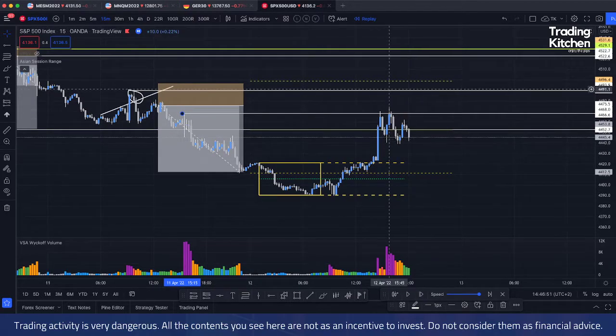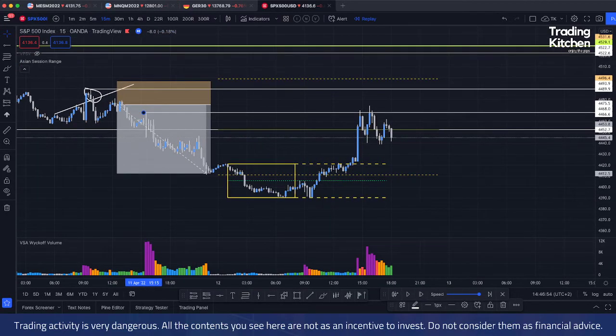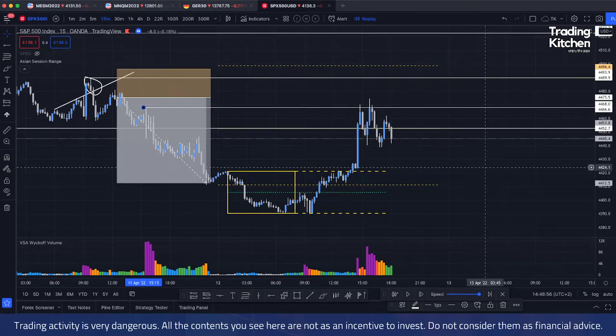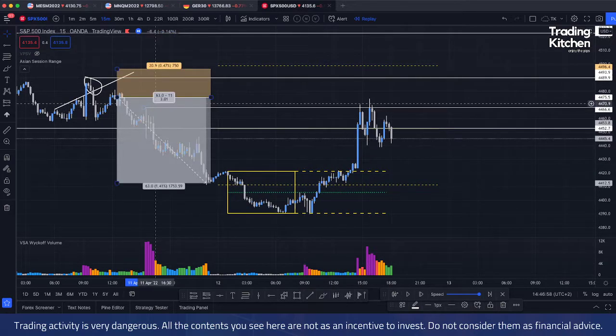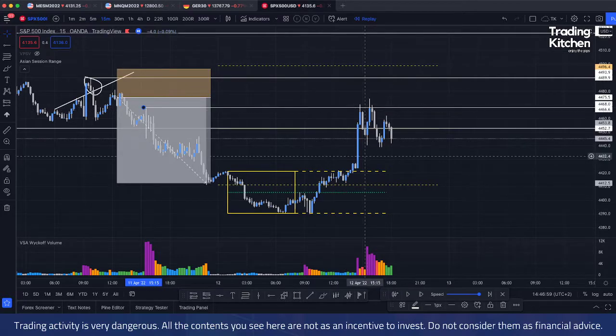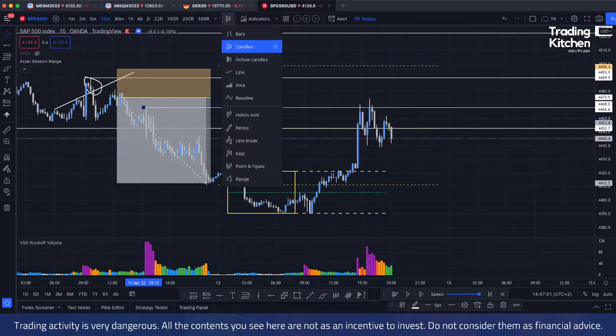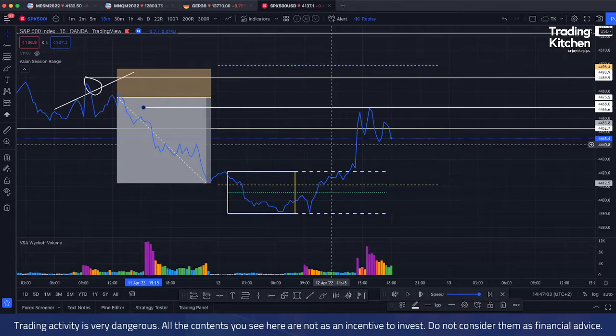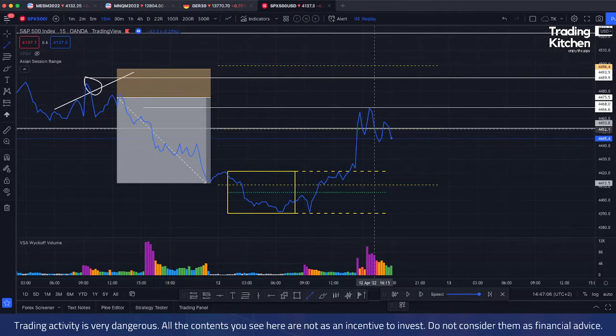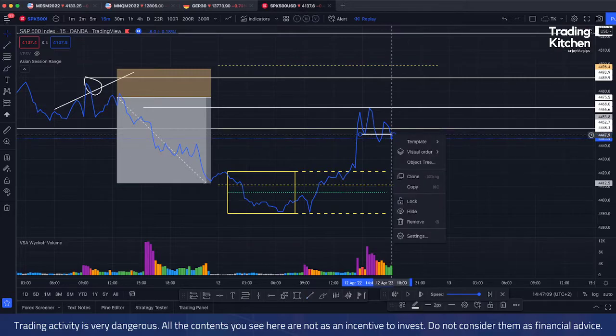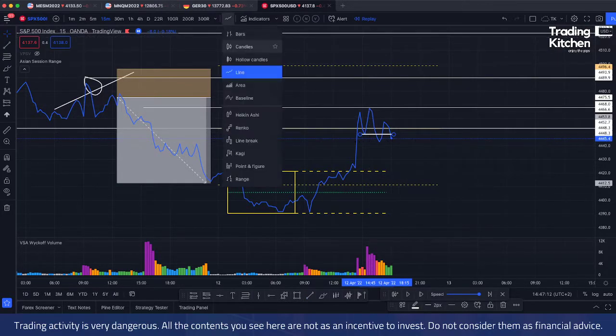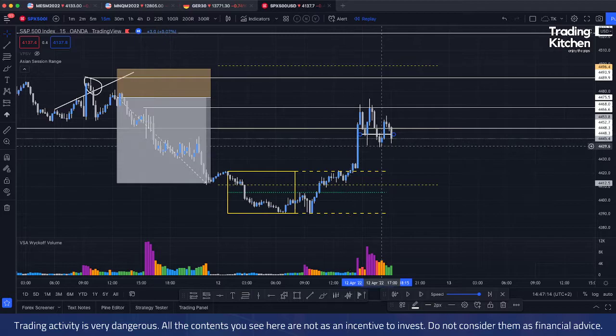Okay, so we have so many confluences here. Okay, we have the pattern, the liquidity pattern. You can use a line graph to see a clear breaking of the structure. Okay, so basically now we are short.